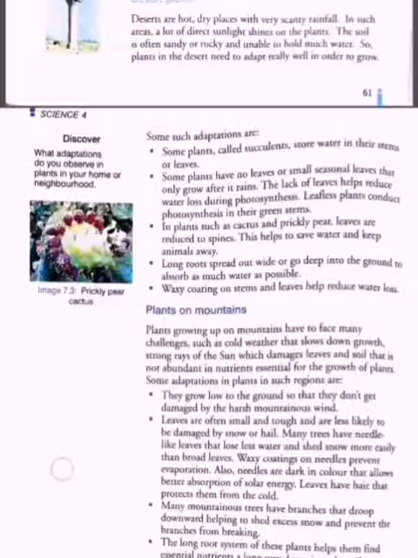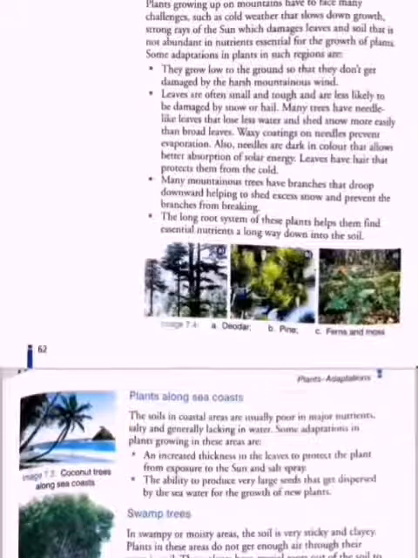See, as we all know, in the mountainous region, plants need to adapt really well so that they can survive in those conditions. So let us see what the adaptations are in the plants on a mountain. I have told you in short that these plants have leaves that are pointed and have sharp edges.